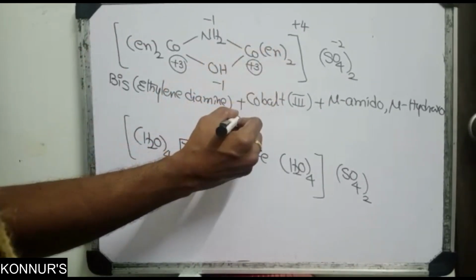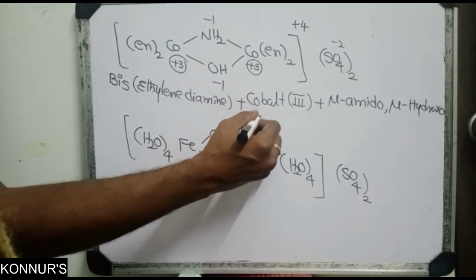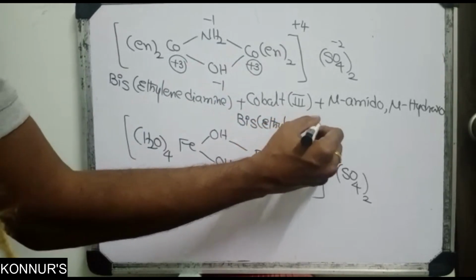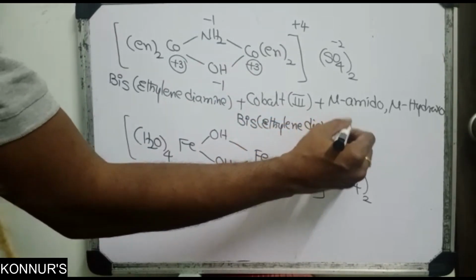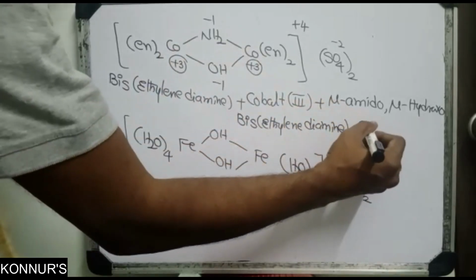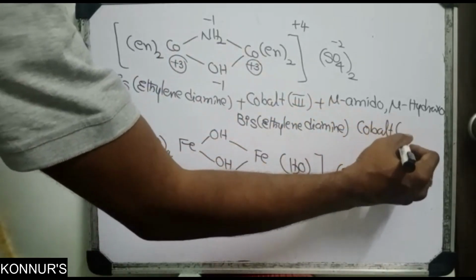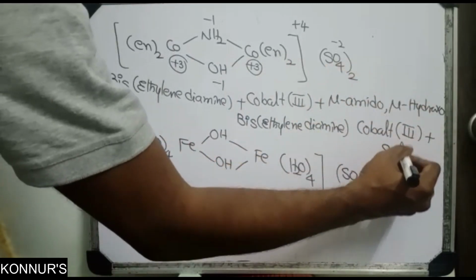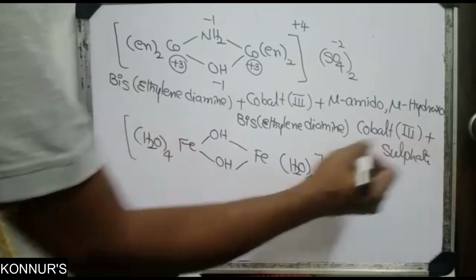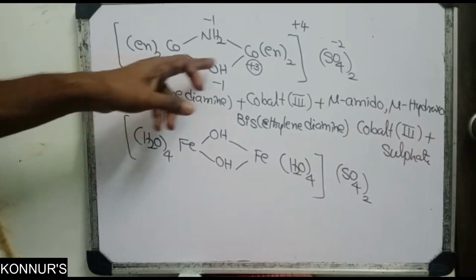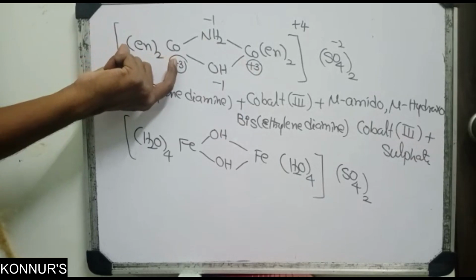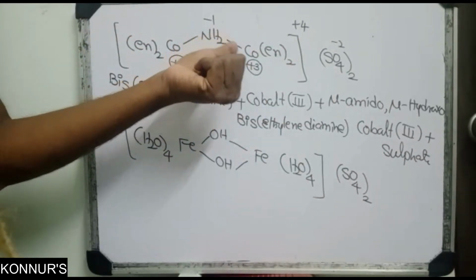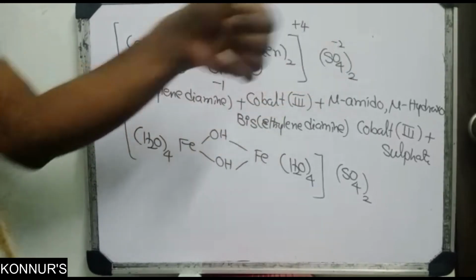Next one is what? Bis ethylene diamine cobalt. This is also 3 plus, outside sulfate. The name: first you find out the oxidation states. Next you tell about this. These two you write with the mu symbol because of bridged ligands. Next you explain this one, and last sulfate.